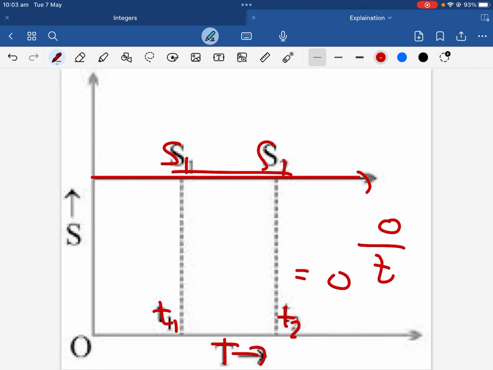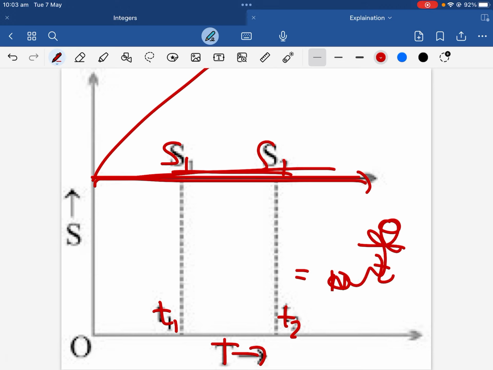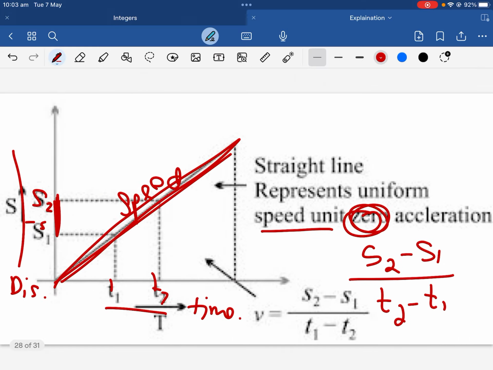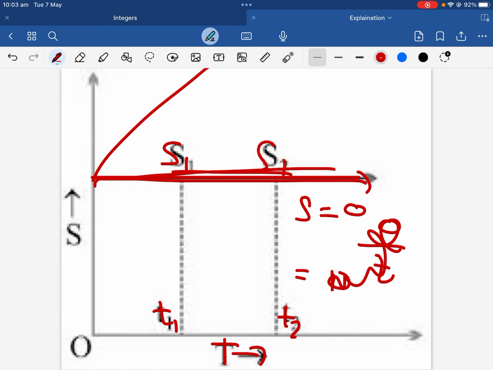Remember that. Since there is no speed, if there was speed it would go like this, but it is going like this. So thus the speed is not there, speed will be 0. So this is the graph for a body at rest.